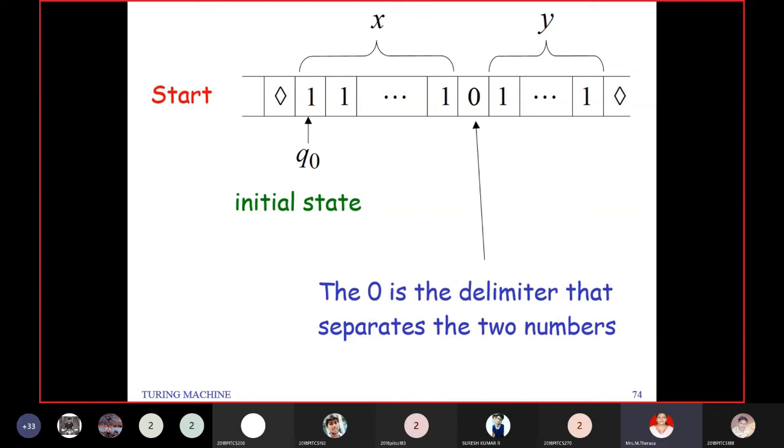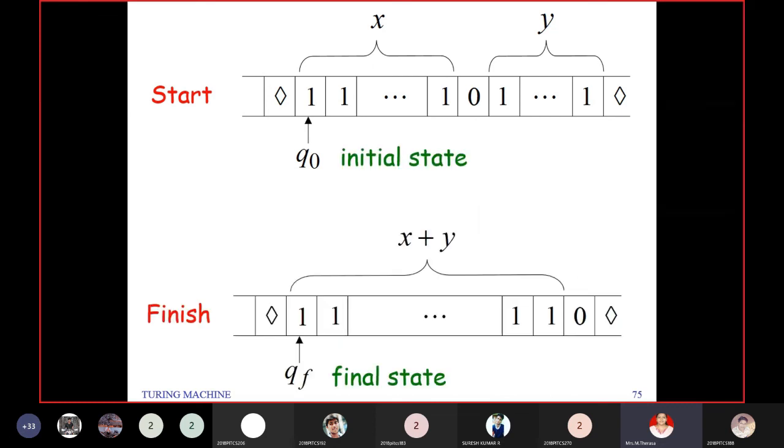Initially you have to represent x and y on the input tape, separated by the 0. Initially q0 is the initial state and the tape head points to the first symbol of x. Remember, 0 is a delimiter that separates the two input numbers.